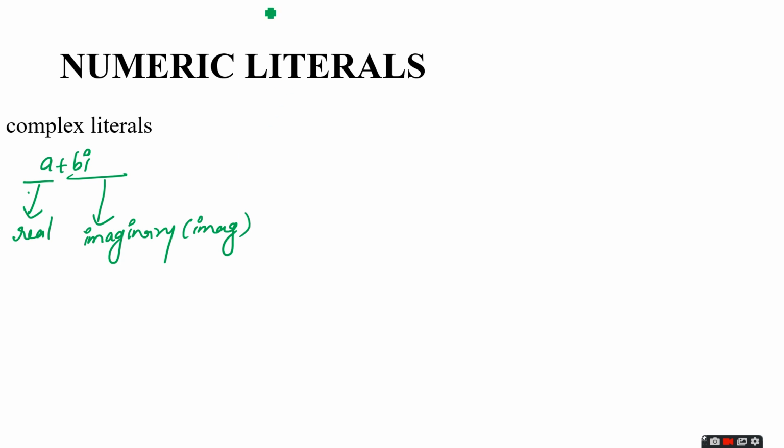Suppose we are writing a number like this, a equal to 5 plus 6j. It is a complex literal. Now I want to get the real part of this number. So we can write like this, print a.real.